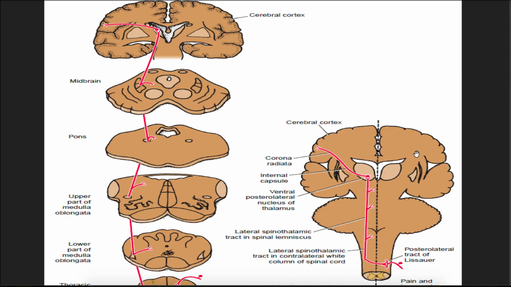Now here I have a diagram. If you follow the red line here, this is the pain and temperature fibers which are coming into whichever segment of spinal cord where they have been sensed, where pain has been felt or a certain change in temperature. It can be a thoracic, cervical, sacral, any segment.